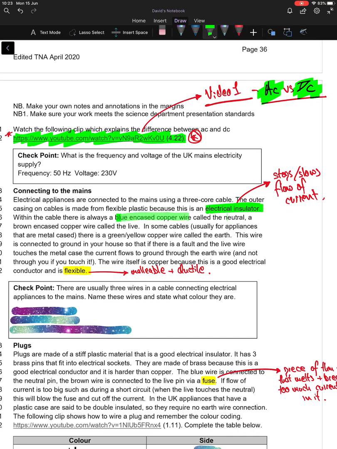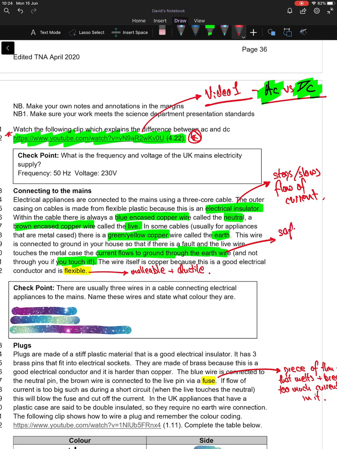Within the cable, there's always a blue encased copper wire, which is called the neutral wire, a brown encased copper wire called the live wire, and in some cables, usually for appliances that are metal case, there's a green-yellow cable called the earth wire. This is connected to the ground in your house so that if there's a fault in the live wire touching the metal case, the current flows to the ground through the earth and not through you if you touch it.